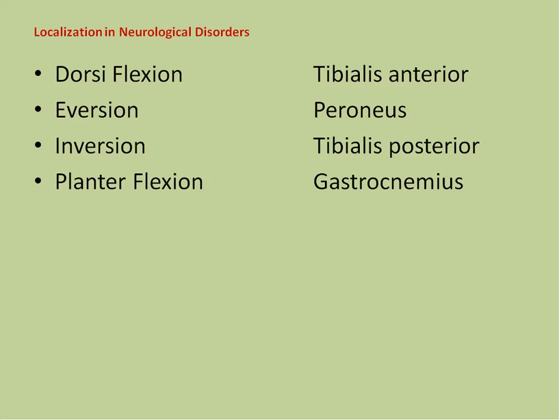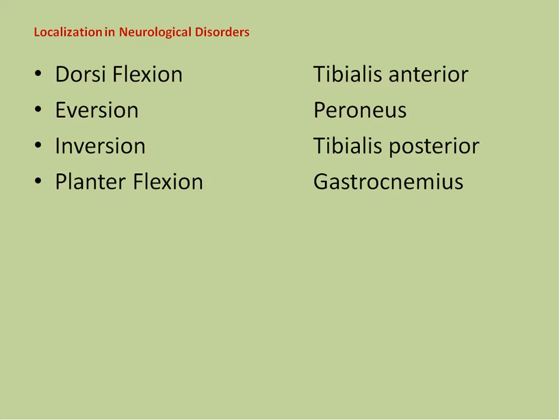Now the same patient cannot do dorsiflexion, cannot do inversion, cannot do eversion, but can do plantar flexion. So now 3 muscles are involved: tibialis anterior, peroneus longus, and tibialis posterior. Tibialis posterior is a branch of the tibial nerve. So now the tibial nerve is involved and the common peroneal nerve is involved.